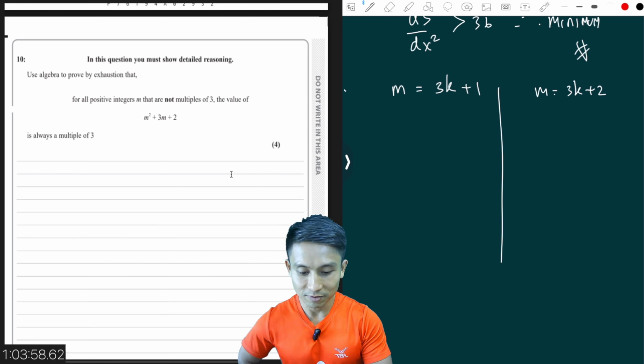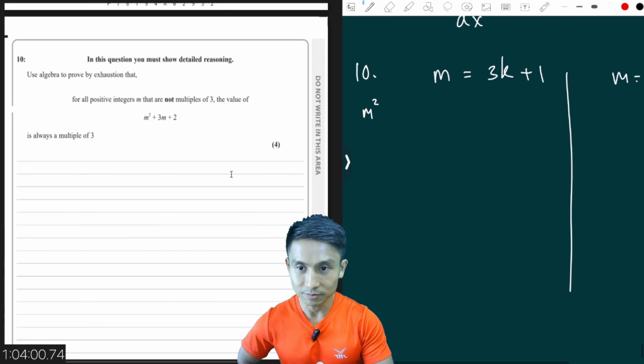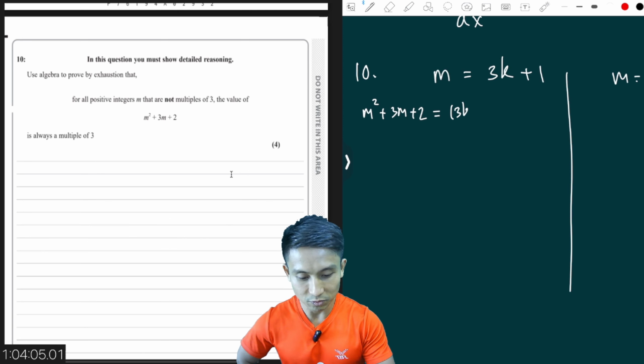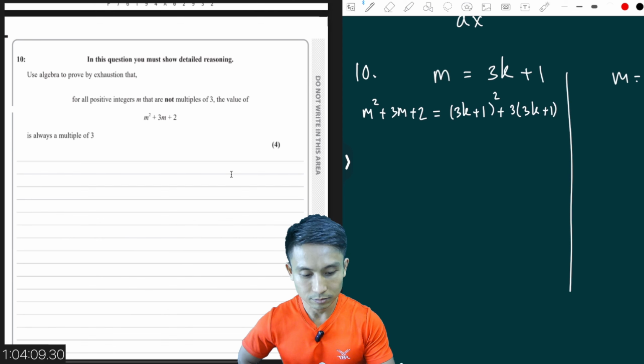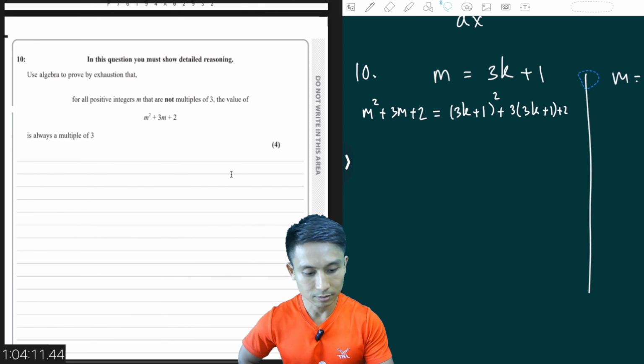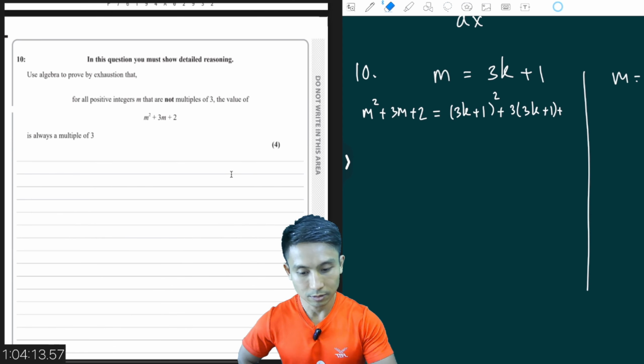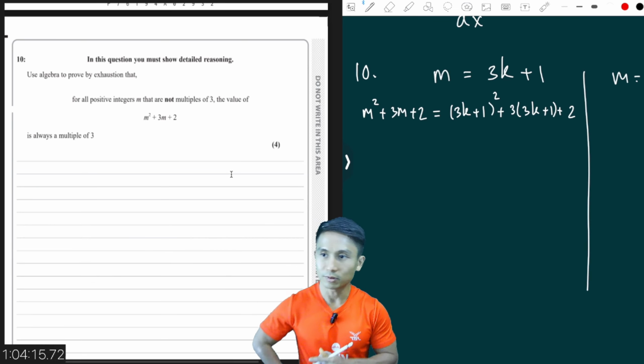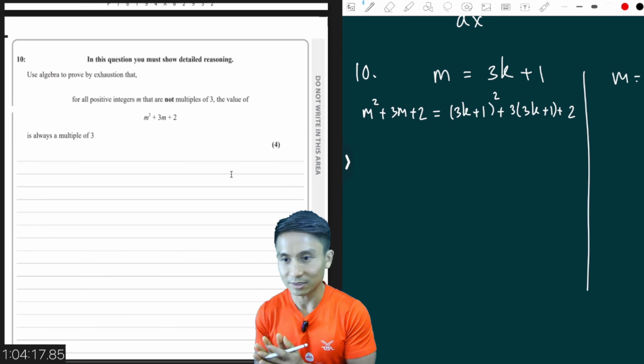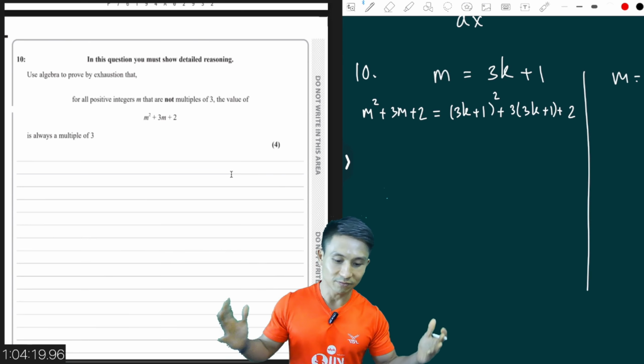So m squared plus 3m plus 2 is going to be equal to, just going to put everything in here. And then we should simplify all this and write it in terms of a multiple of 3.